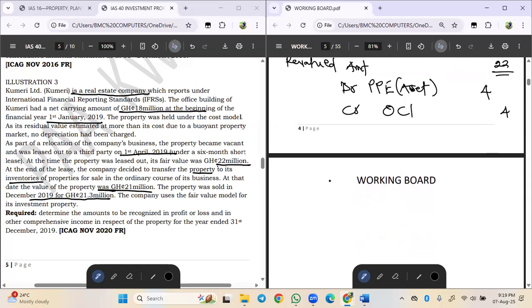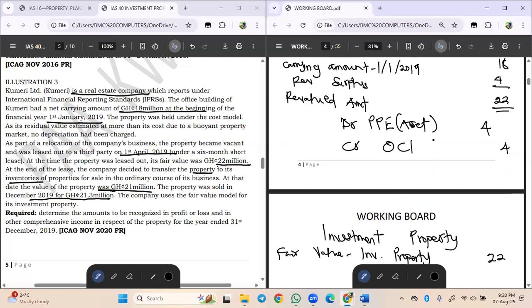Now let's talk about the investment property. The property was leased out. Its fair value was 22 million. So the fair value under the investment property is 22 million.